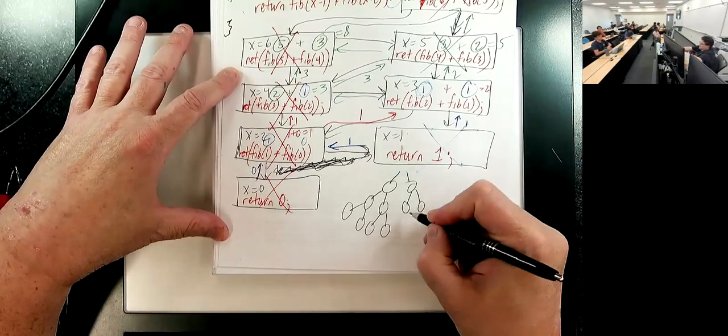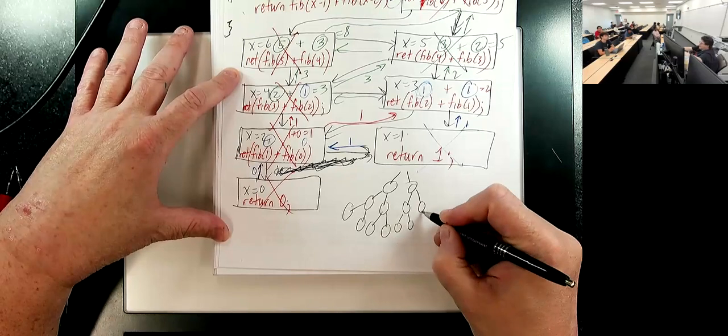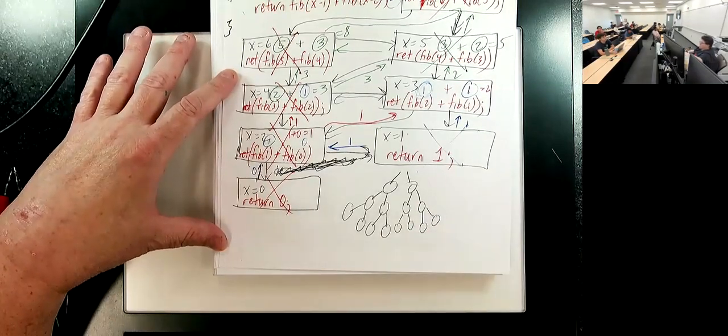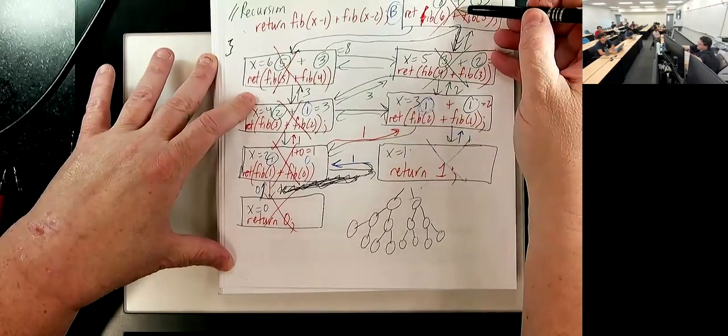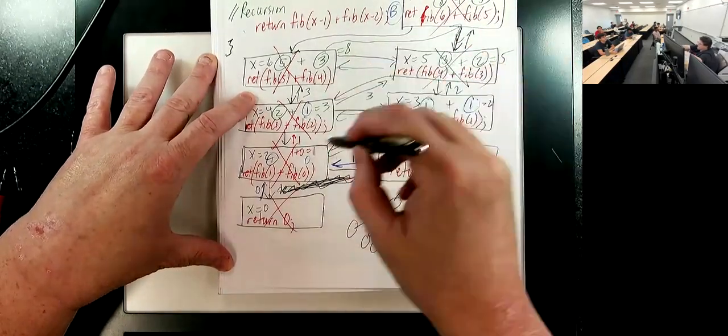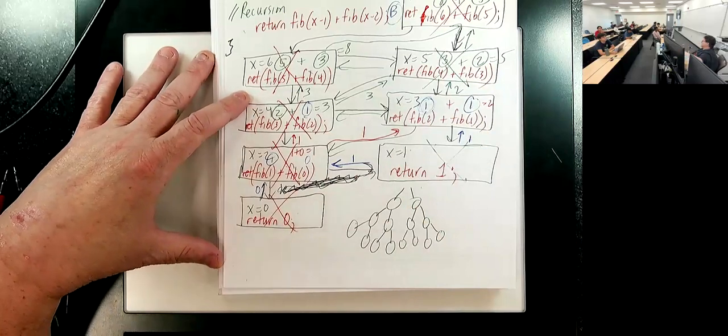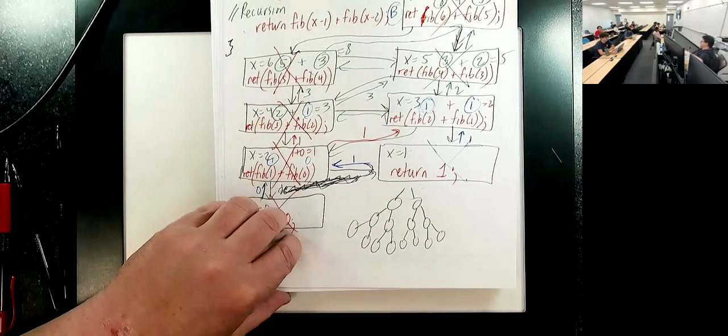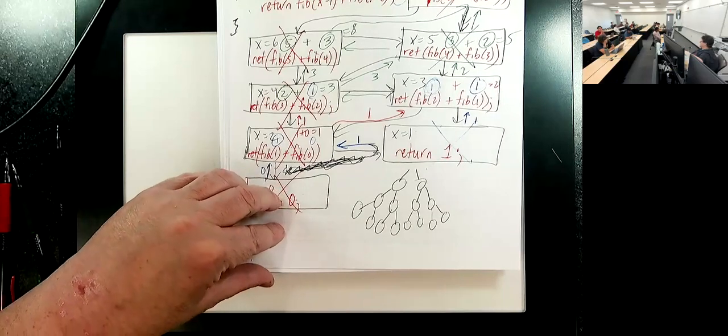This one's got 2, these generate 2 each, these generate 2 each, and so on and so forth. And we went 1, 2, 3, 4, 5, 6, 7, 8 layers. So this tree is going to have like 5 or 6 more branches. It's a lot of paper writing.